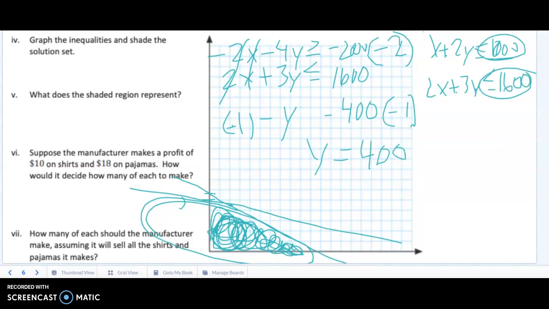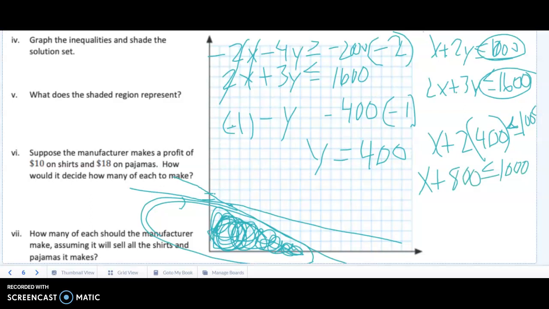Now that I know y, I'm just going to plug it in. X plus 2 times 400 less than or equal to 1,000. X plus 800 less than or equal to 1,000.